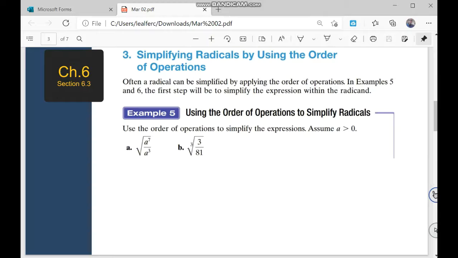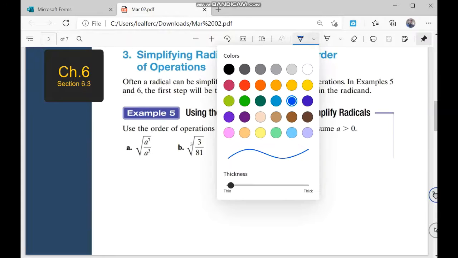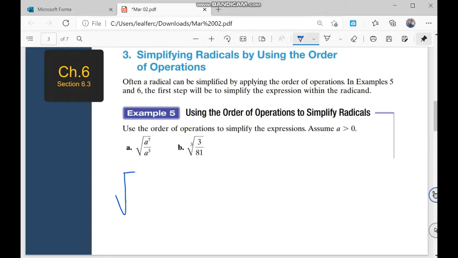If you have letter A, the square root of a to the 7th over a cubed, you can apply the multiplication properties and the properties of radicals and solve this.